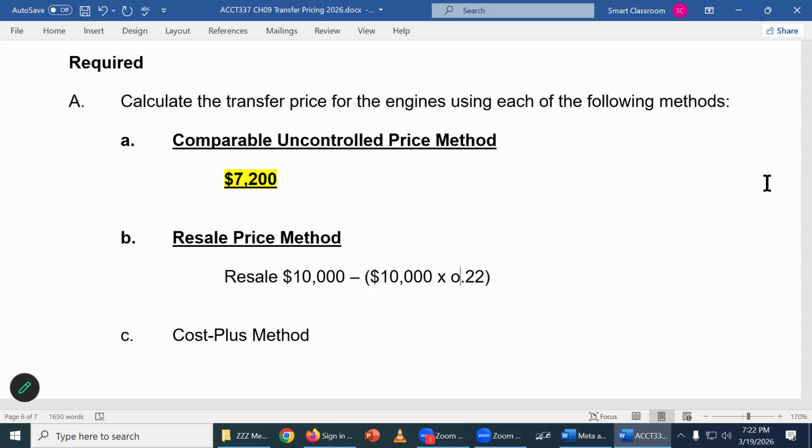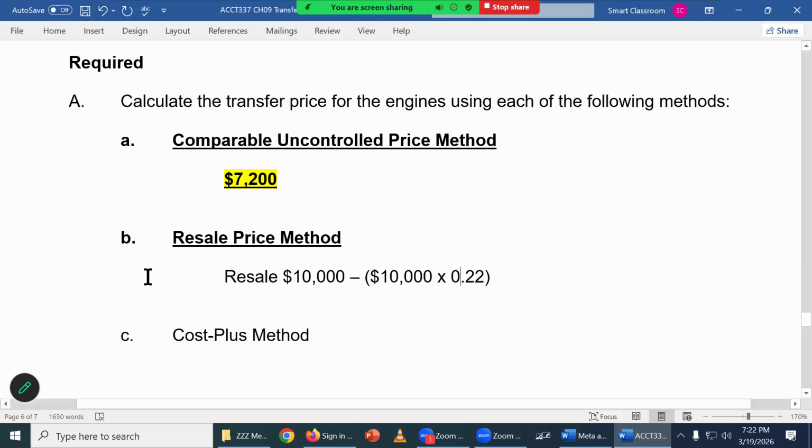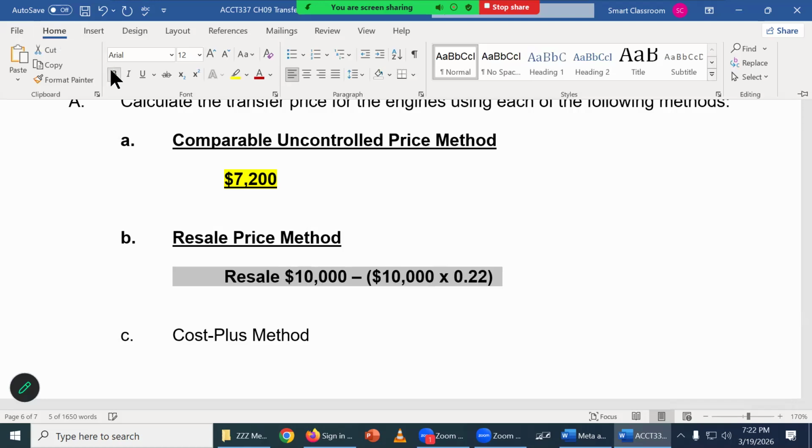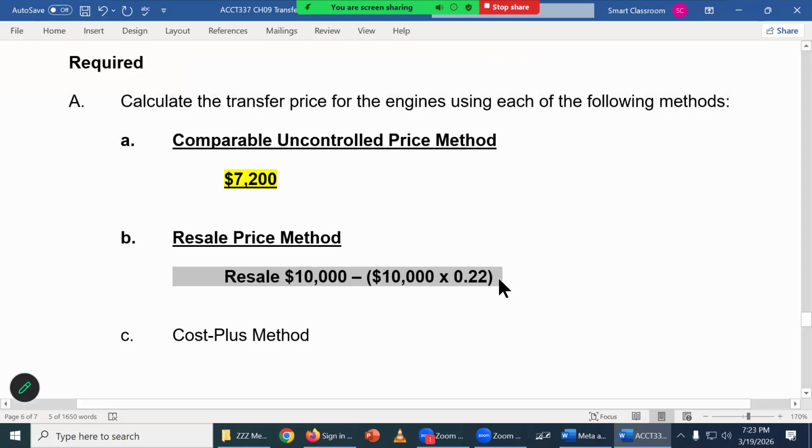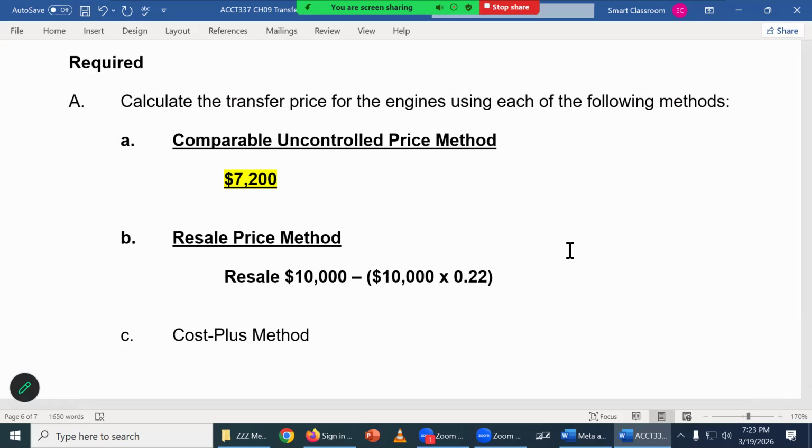Oops, wrong zero. Okay, so 10,000 minus 2,200 is 7,800.